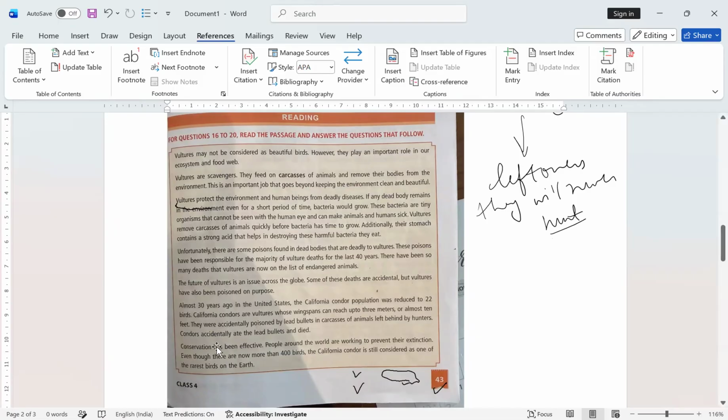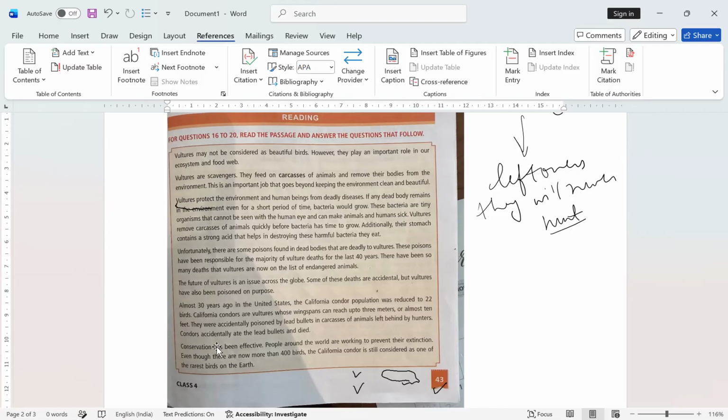Now, they were accidentally poisoned by lead bullets in carcasses of animals left behind by hunters. Some of these vultures were accidentally killed because the animals they were eating had lead bullets, और वो उनके stomach में चला गया था. So hunters, when they hunt animals, kill them with guns, right?